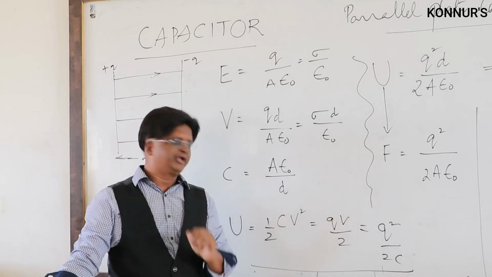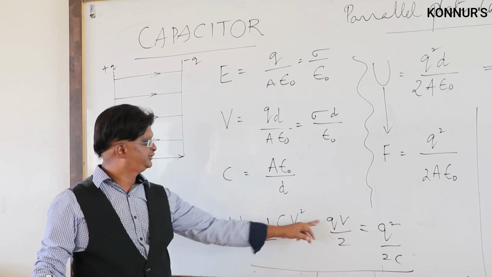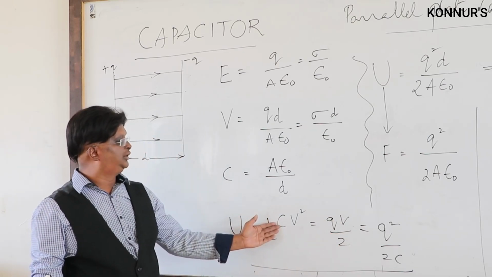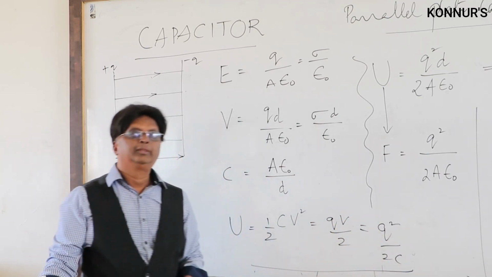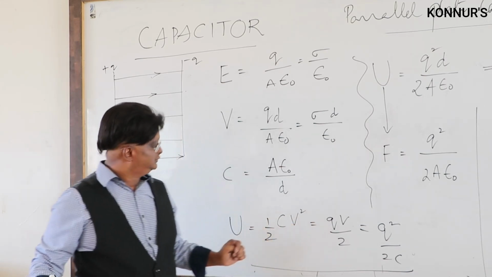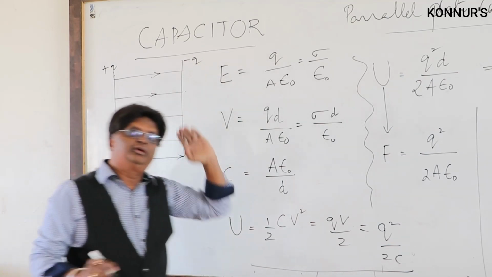So I am now writing alternate forms. Here it is C V squared by 2. One CV I have taken as Q, therefore it is Q V by 2. And again, substituting for V, I write it as Q squared by 2C. All these expressions are very popular for our exams. Remember, again, the one expression we need to remember is that of intensity.